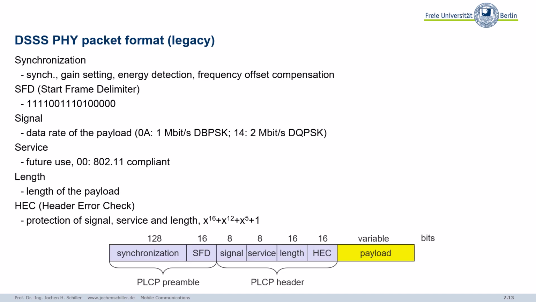So the most prominent legacy physical layer operates at 1 and 2 megabit per second. And you see a typical packet there with a preamble and a header at the lower data rates, and then the payload could operate at higher data rates. So a long preamble synchronization is needed for gain setting, energy detection, compensation of frequency offsets.